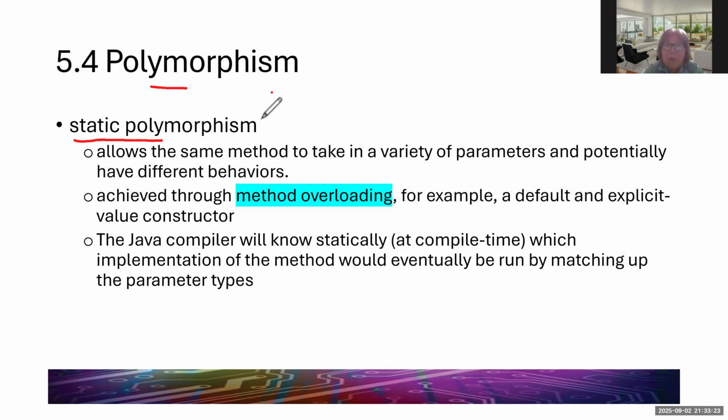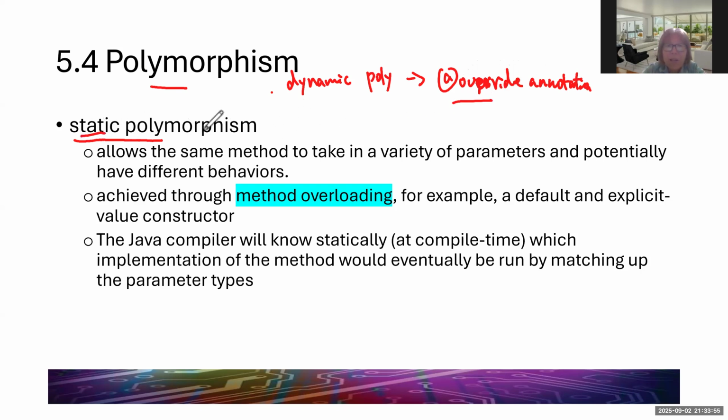Dynamic polymorphism is through the override annotation. Also remember, the method override must have the exact same return type, header, and parameters. All must be exactly the same.